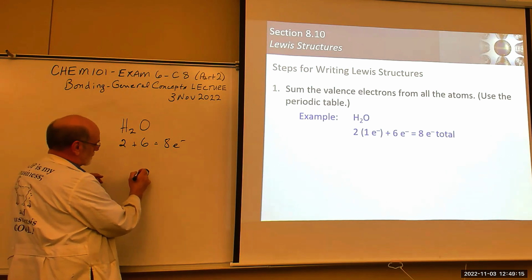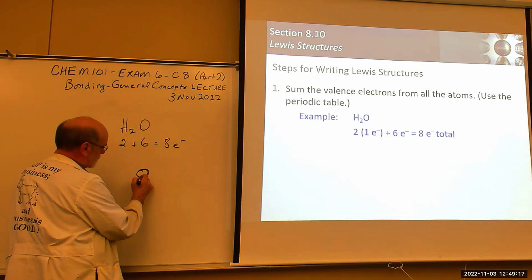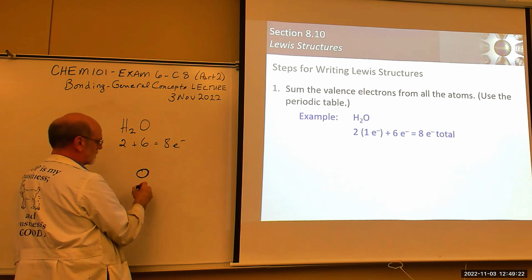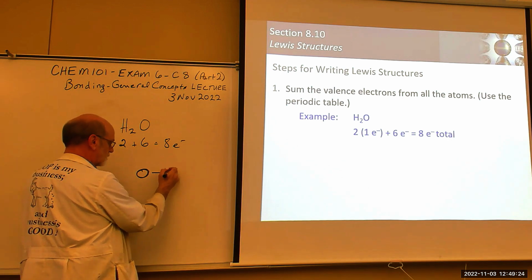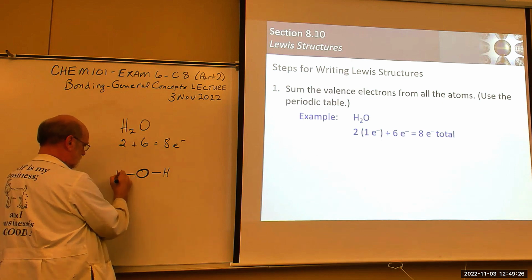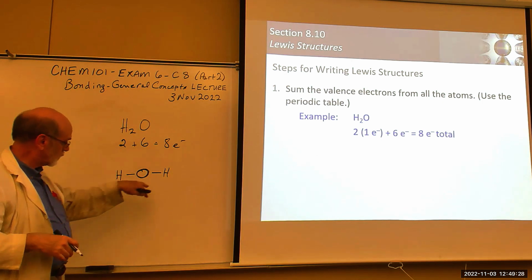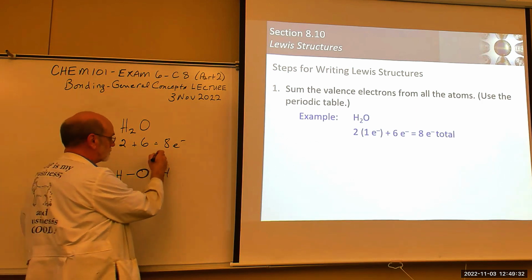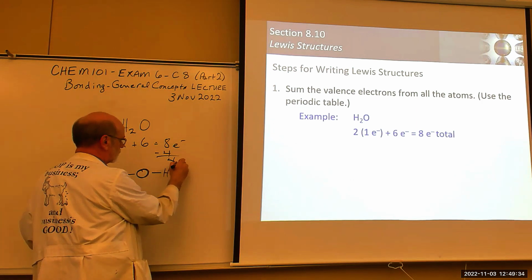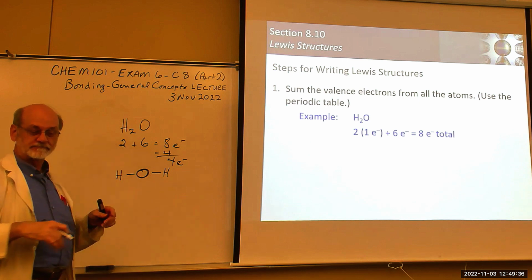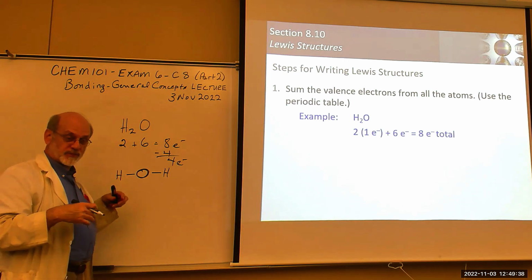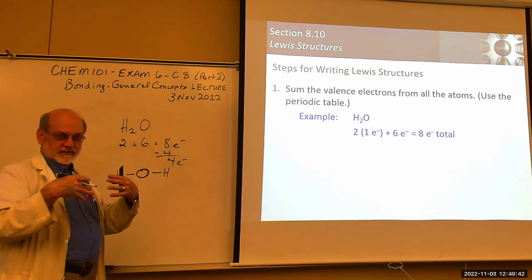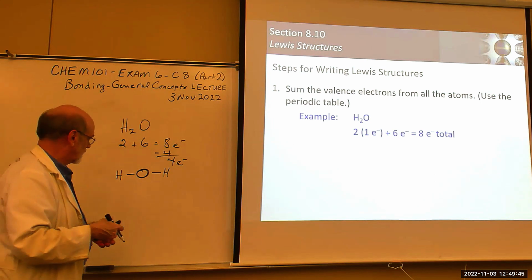Now, you position your other atoms around this oxygen with a single bond. Like that. So we've used up 4 electrons out of the total. We've got 4 electrons left. Now what you do is you position those electrons from the outside in. Work your way toward the middle.